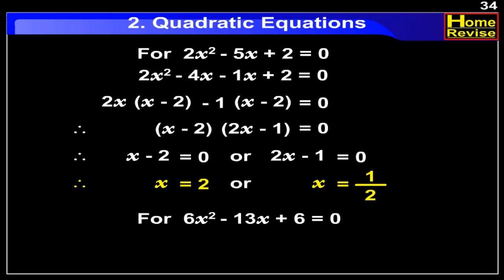Now, for the equation 6x² − 13x + 6 = 0, splitting the middle term, we get 6x² − 9x − 4x + 6 = 0.